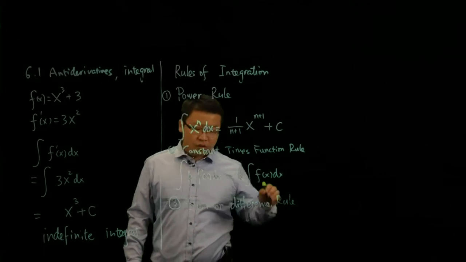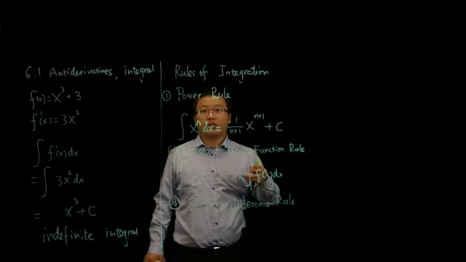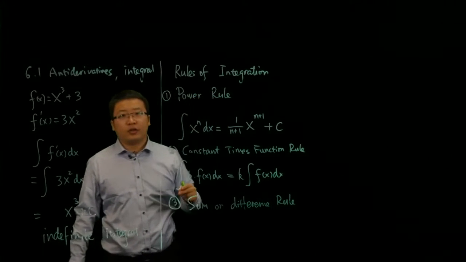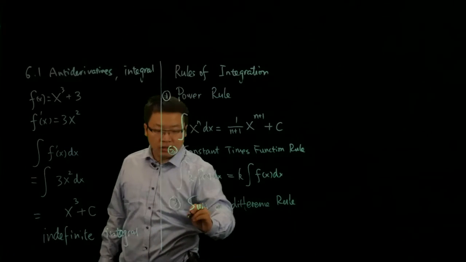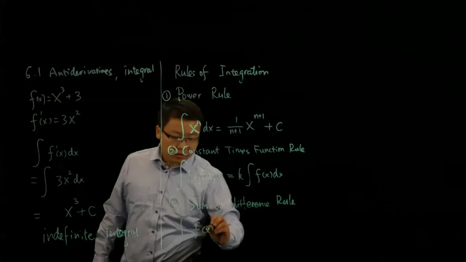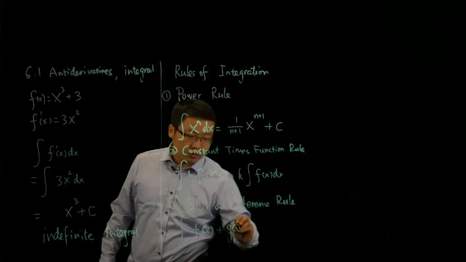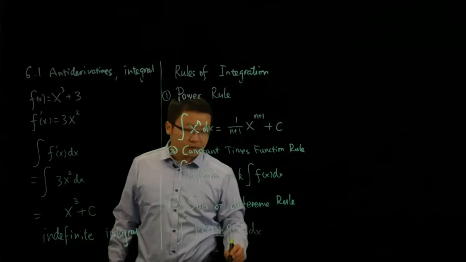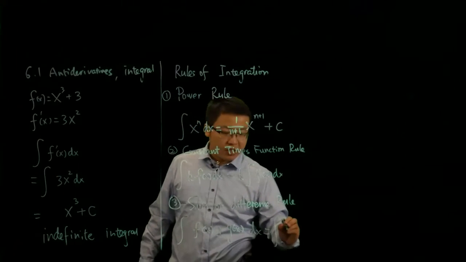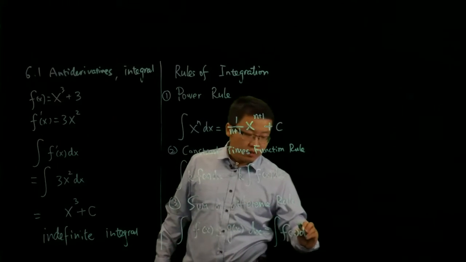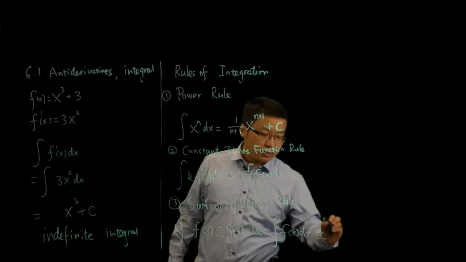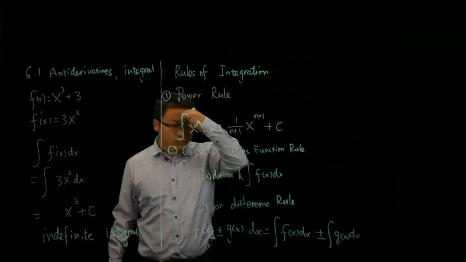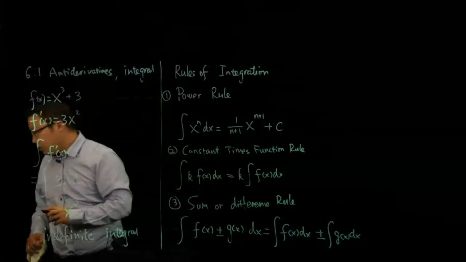Which means if you're taking the antiderivative of two functions that are added to or subtracted from each other, integral of f of x plus or minus g of x with respect to x, then that is the same thing as doing them separately: integral f of x dx plus or minus integral g of x dx. And that's the third rule.